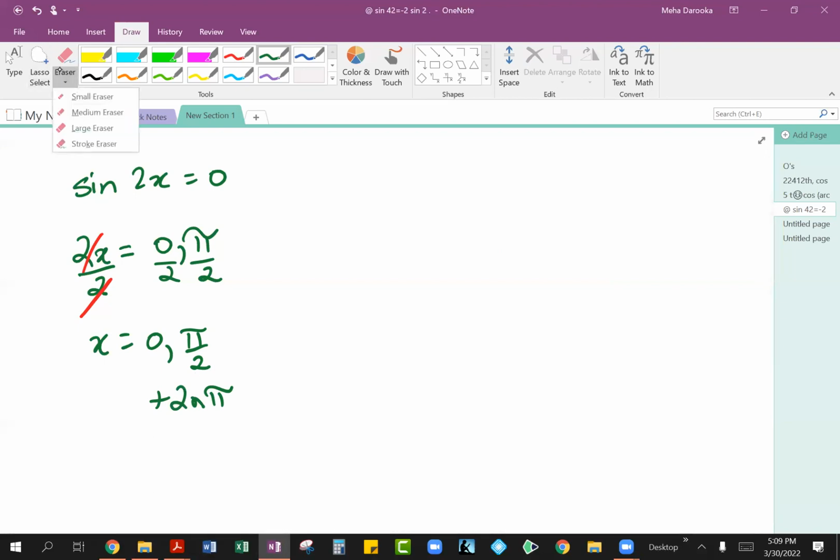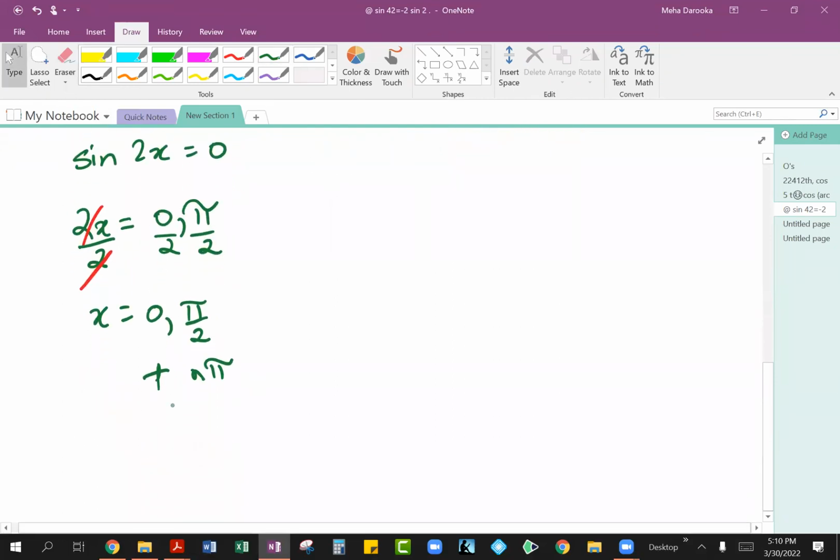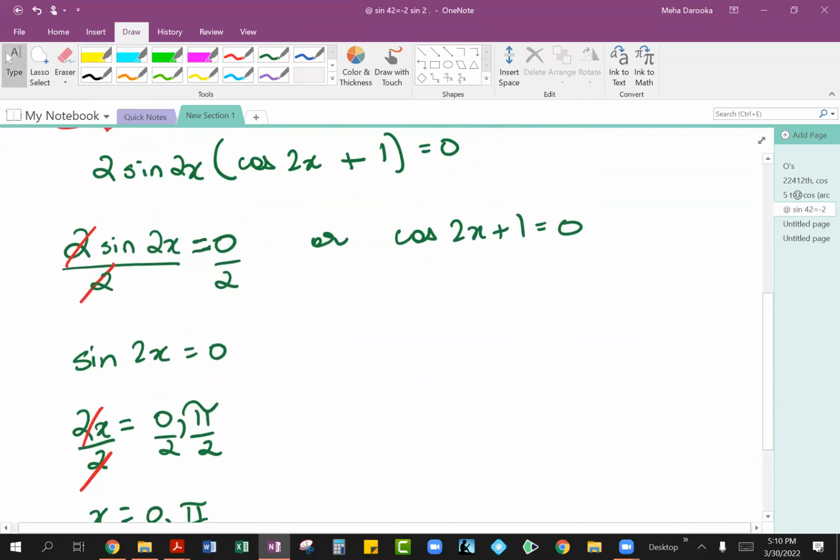So that might work out with this. Which basically you're adding n pi to that. So that'll be our x. So that's coming from the sine.